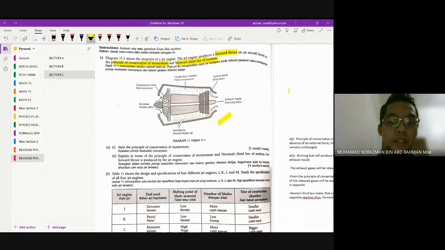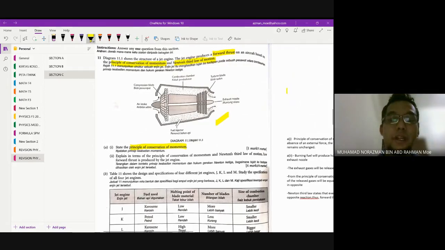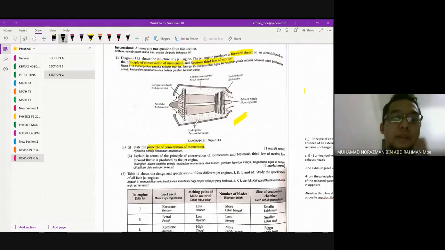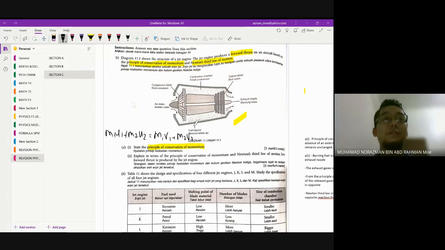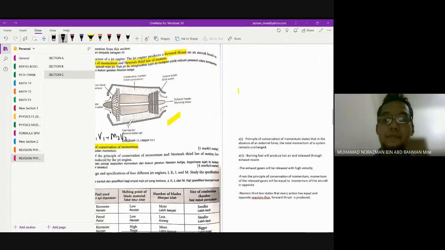Okay, so we have a jet here. First question, state the principle of conservation of momentum. Remember conservation of momentum: M1 U1 plus M2 U2 equals M1 V1 plus M2 V2. So conservation of momentum states that the total momentum before and after collision is the same.